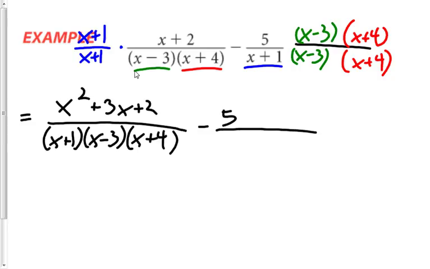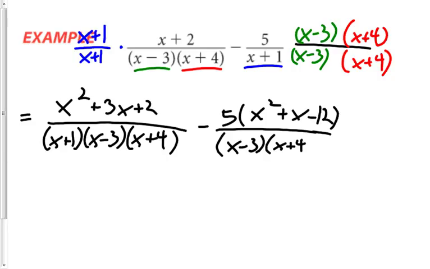I'm going to multiply it by the FOILed form of x minus 3 times x plus 4, which will give me x squared plus x minus 12, and all of this is over x minus 3 times x plus 4 times x plus 1.